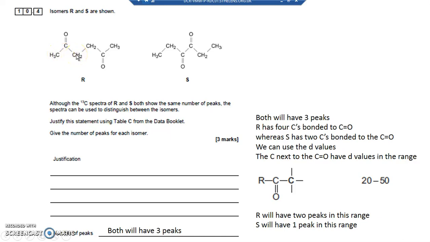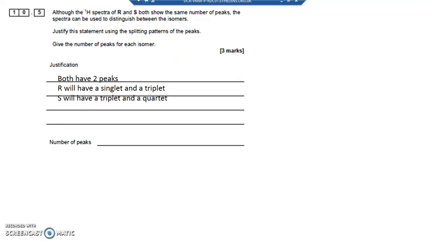So R gives a singlet and a triplet. Whereas for S, that CH3 is going to be split by a CH2 into a triplet, but this CH2's H's are going to be split into a quartet, so that's going to give a triplet and a quartet. And so it's the splitting patterns that are going to be able to determine which isomer is which.